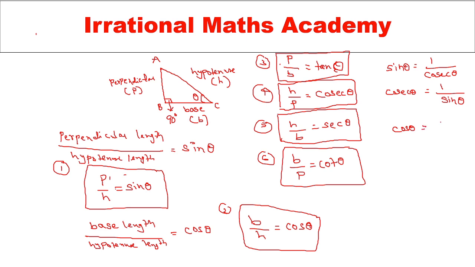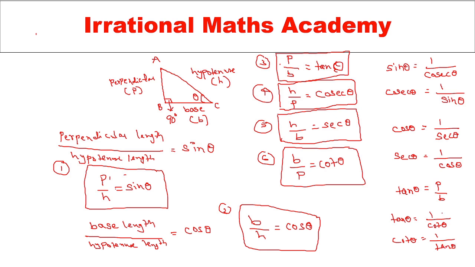So cos theta is 1 by secant theta, or secant theta is 1 by cos theta. Tan theta is perpendicular by base, and cot theta is base by perpendicular. So tan theta equals 1 by cot theta, or cot theta equals 1 by tan theta. This is a relationship you need to remember.